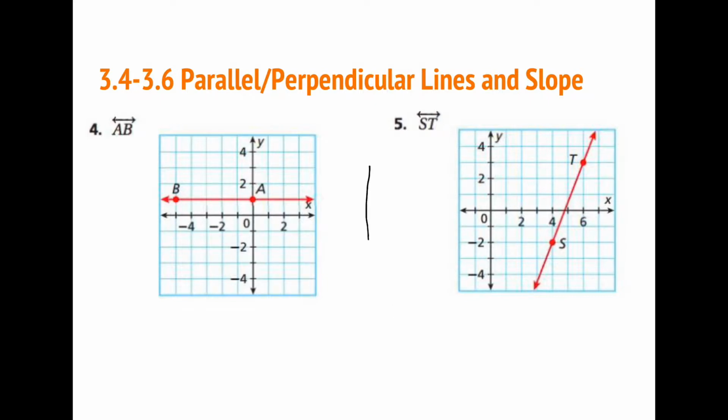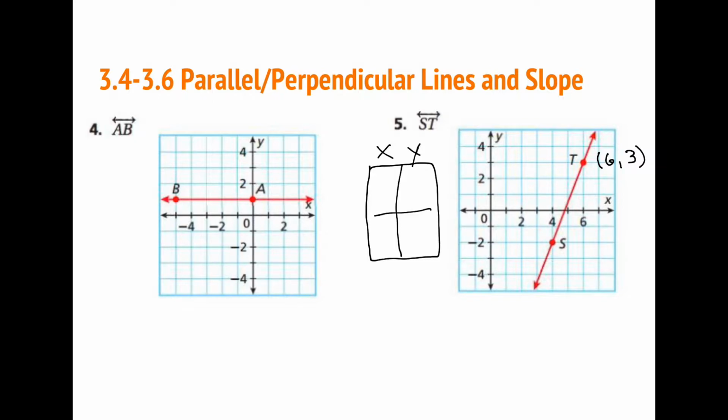So I'm going to just draw my box here. Remember, we've got the x and the y values, and we just want to put them in our table. It doesn't matter where we start. I'll start with T this time. That coordinate of T is going to be 6, 3.